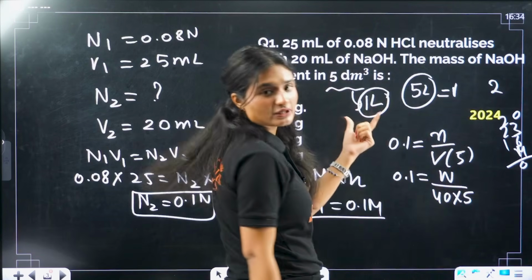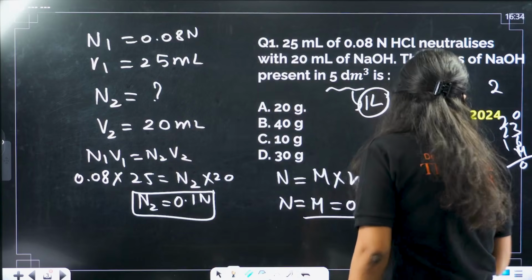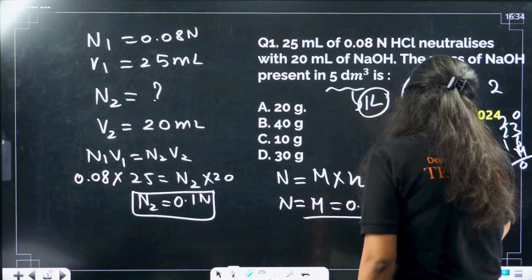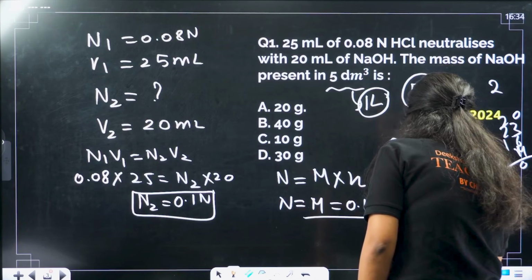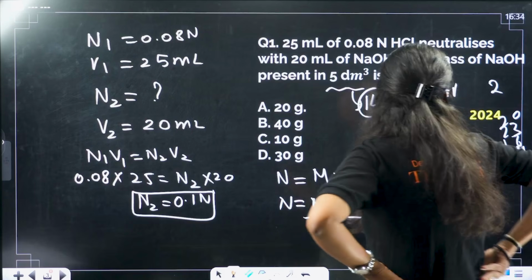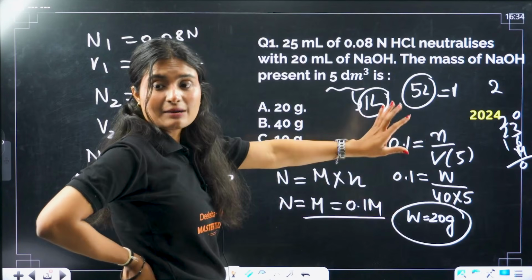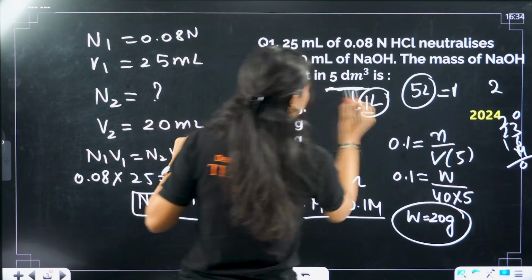And now the volume is already in liter. You don't need to convert anything. Now let's just calculate it. 5 times 4 is 20. This comes out to be 20 gram. That is the mass of NaOH that is present in this 5 liter.